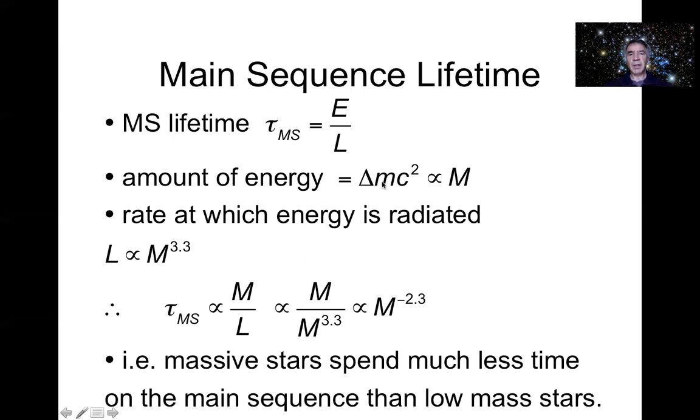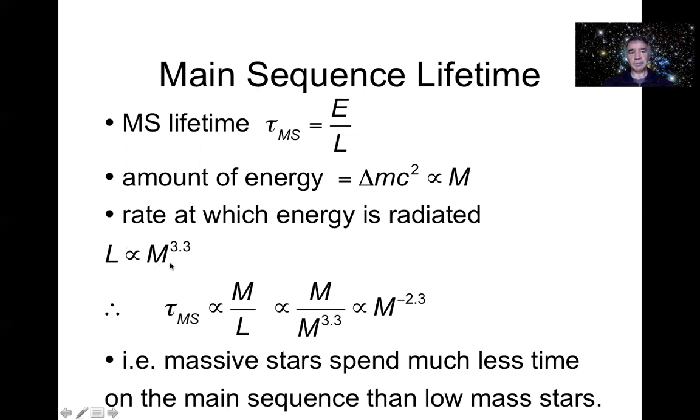We saw in the sun that 10% of the mass is in the core available to burn. If we assume, and it turns out to be a good one, that this 10% fraction is the same for all masses of stars, then the amount of energy available is proportional to the total mass of the star. So E is proportional to M.